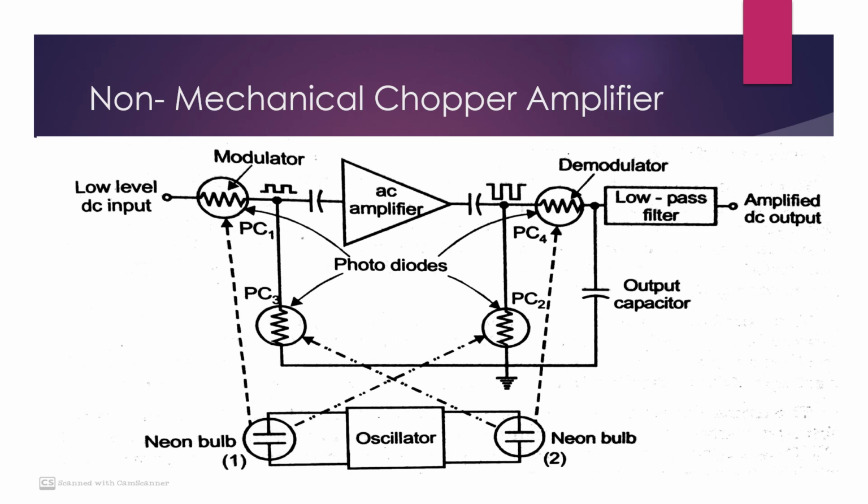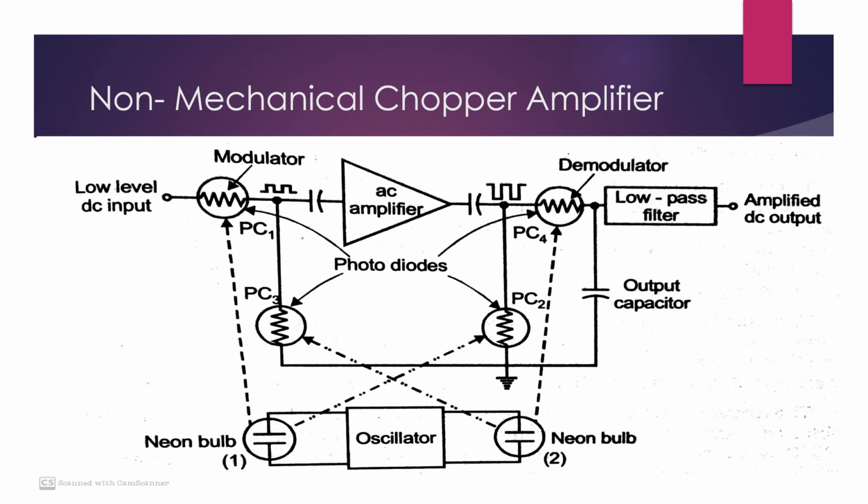When there is no light on PC1, the light is on PC3. The input flows through PC3. Thus, with the alternate incident light on PC1 and PC3, we have a square wave across the capacitor whose amplitude is proportional to the input and whose frequency is equal to the frequency of the oscillator.